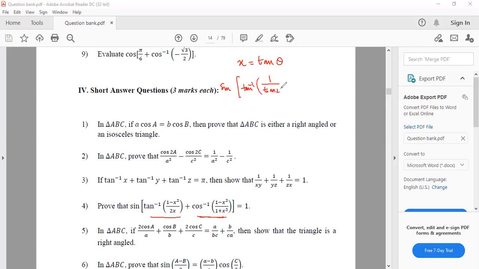And here cos inverse of cos 2 theta. This is sine of tan inverse cot 2 theta. Cot is pi by 2 minus tan, so tan of pi by 2 minus 2 theta. I skipped one step; here I should have written cot 2 theta. You need to substitute and write this.